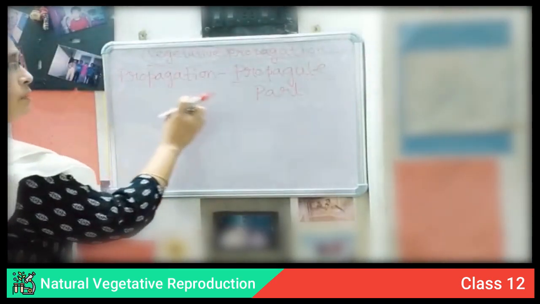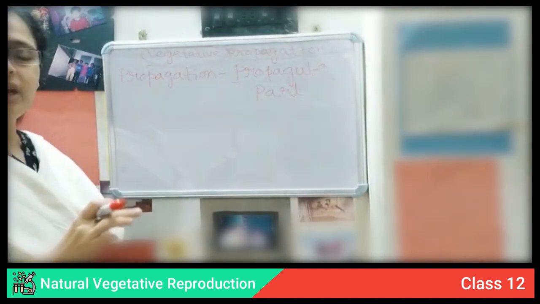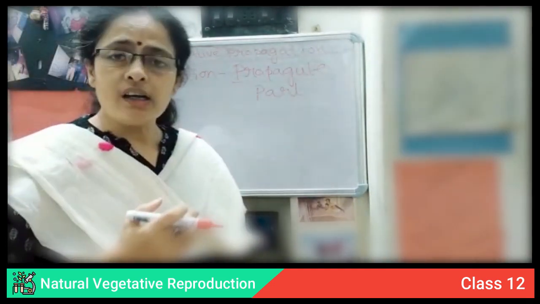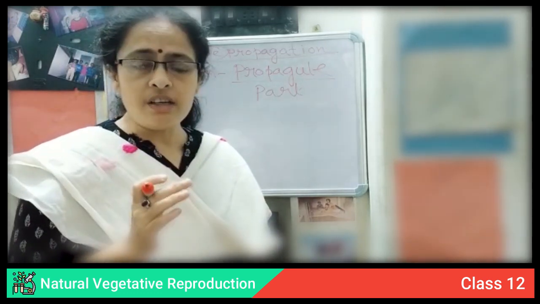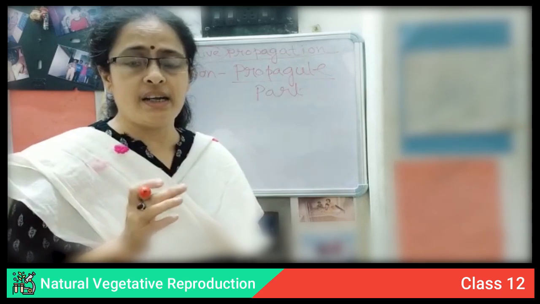So, plant parts. So the reproduction that occurs by the parts of a plant is called vegetative propagation.